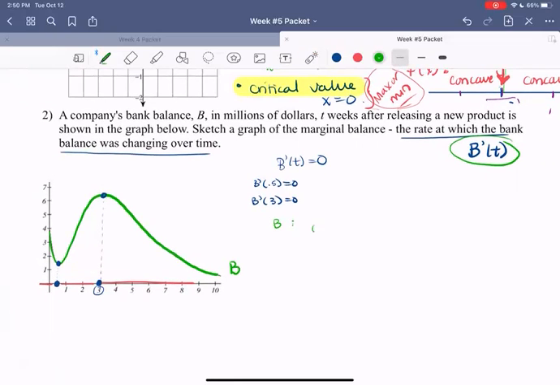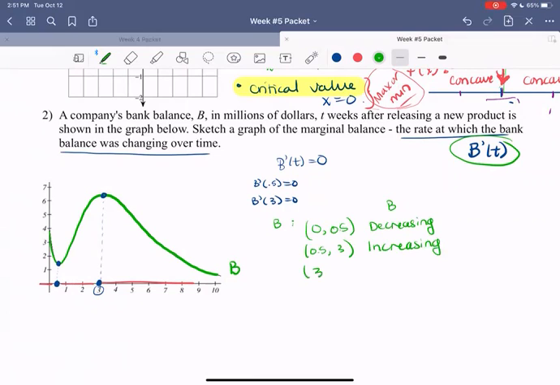On the interval 0 to 0.5, B is decreasing. From 0.5 to 3, B is increasing.